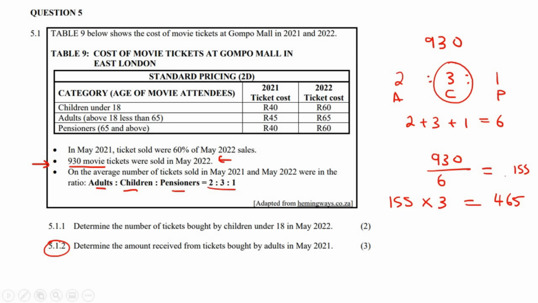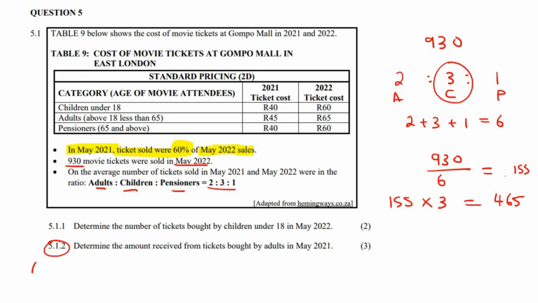Okay, so we know that in May 2022, there were 930 tickets sold. But what about May 2021? Well, if you read this sentence, it says that in May 2021, tickets sold were 60% of the May 2022.